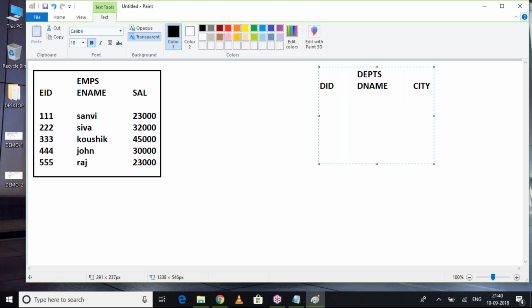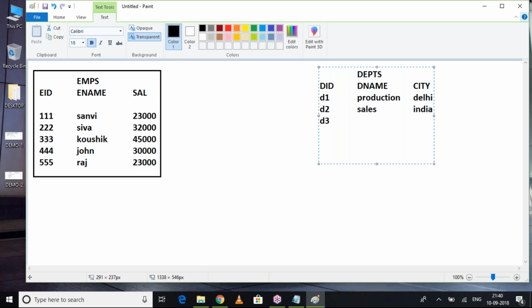Department 1, department name production, and department city Delhi. Department 2, sales department, and it's throughout India.